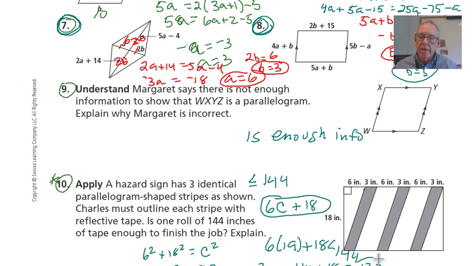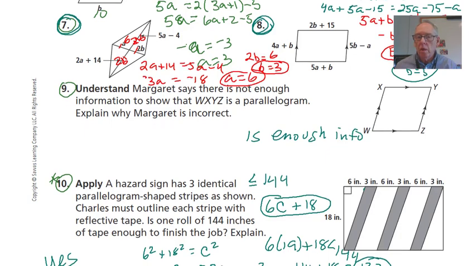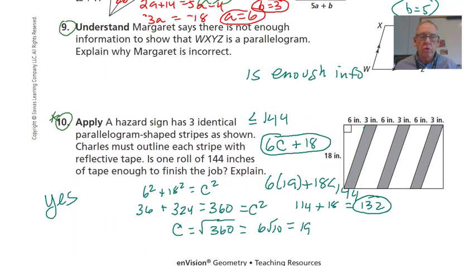So it looks like he's going to have about 12 inches of tape left over when he does the outline of these stripes. So yes, he does have enough to finish the job, and he would have about 12 inches left over.